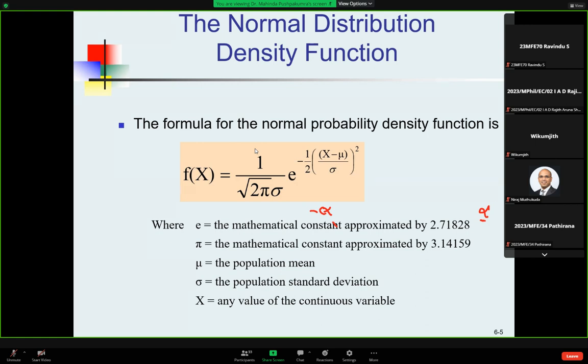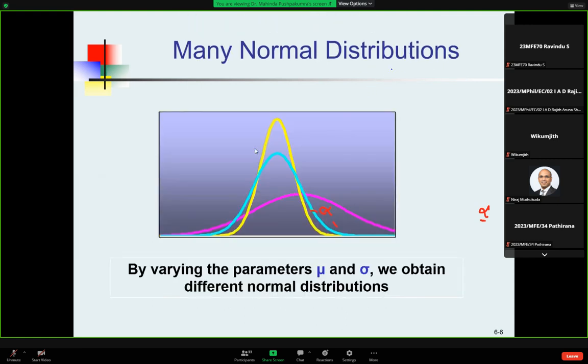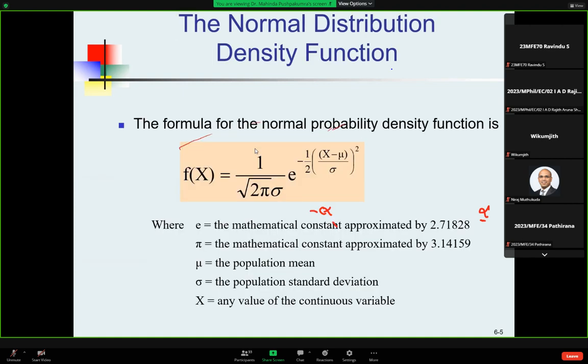Then this is the probability density function for the distribution of x. Using this formula, we can calculate probability. But when you are doing calculation, actually you don't need to use this formula, because from the table you can get the probabilities.